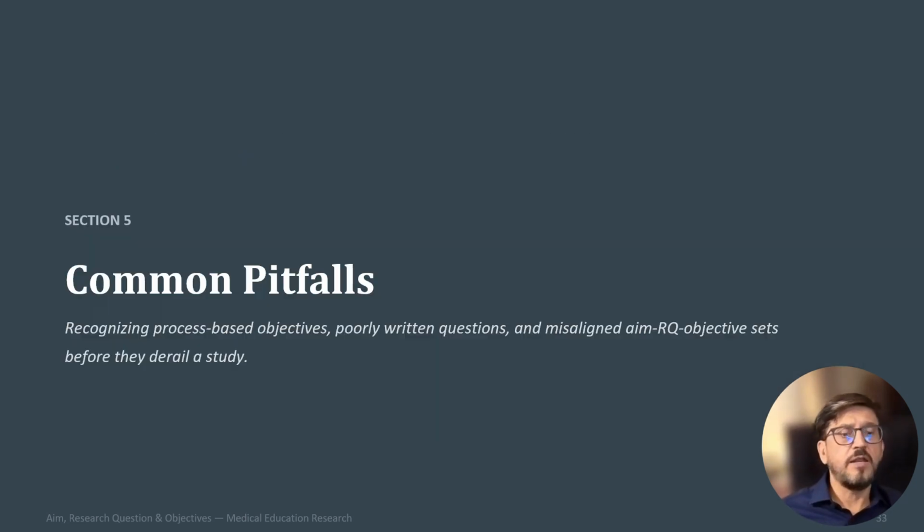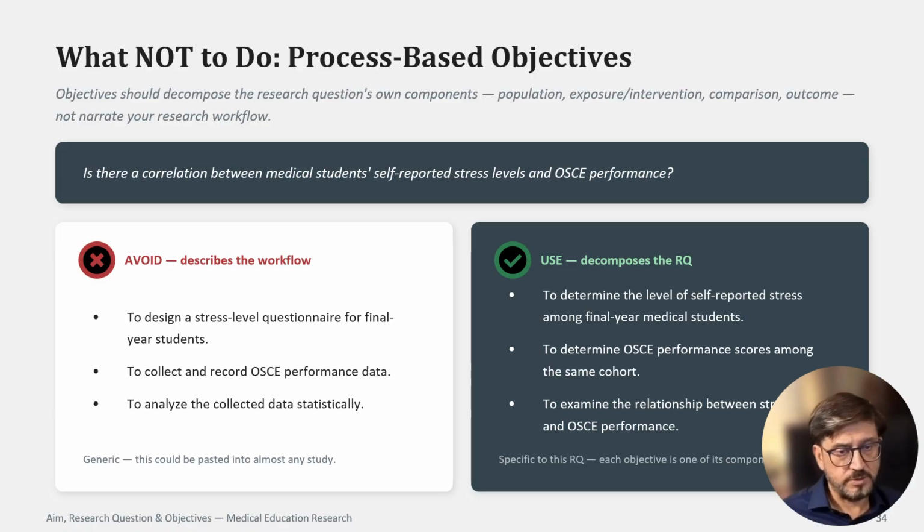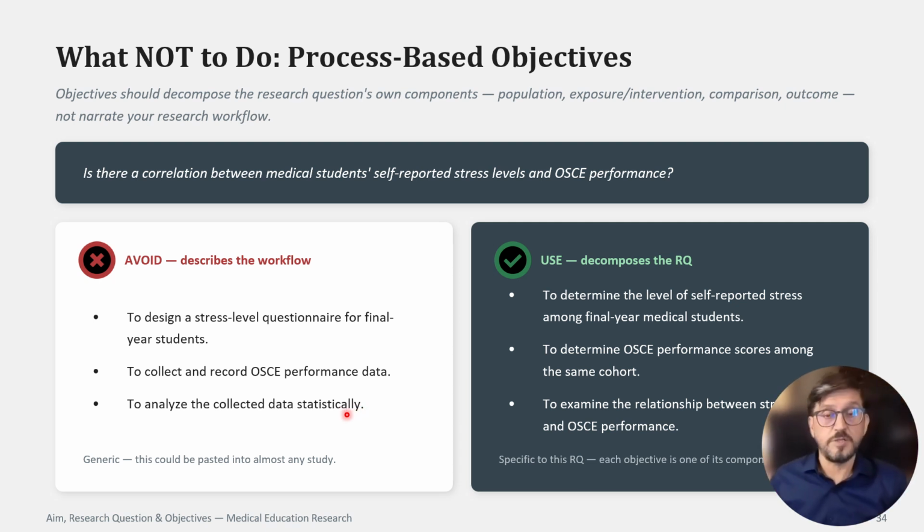So now, finally, what are the common pitfalls? What not to do? So please don't write process-based objectives. Avoid objectives which describe the workflow, such as to design a stress level questionnaire, to collect and record OSCE performance data, to analyze the collected data statistically. These are all process-based objectives, and they do not qualify as research-based objectives.